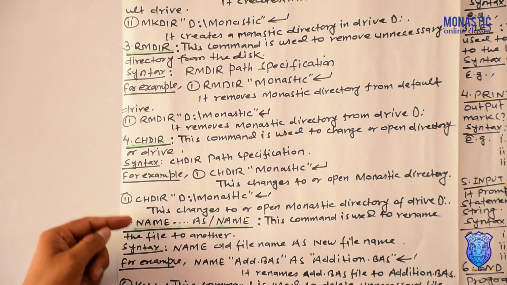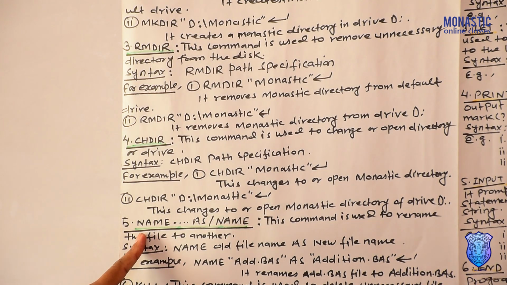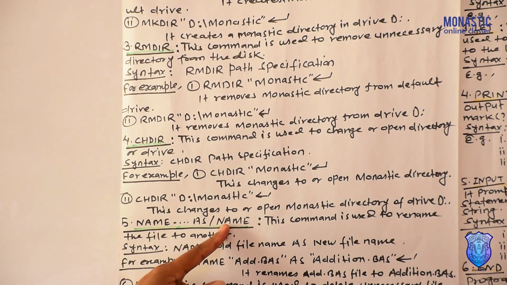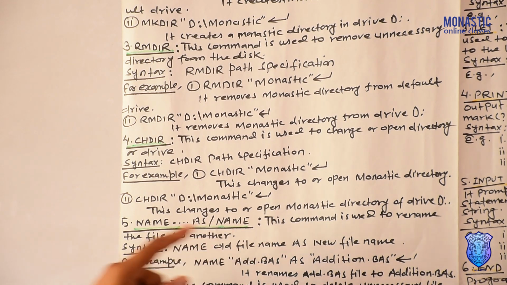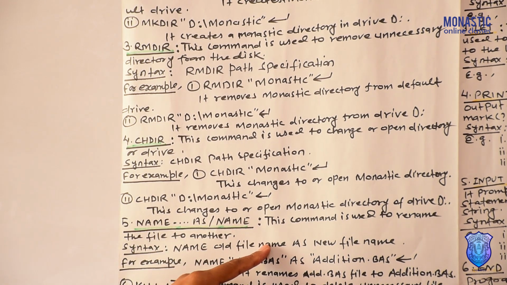Now next one is name. In some books you will get NAME dot AS, in some books simply NAME. And this is very important, many times asked in essay examinations. This command is used to rename a file, that is, to change the name of a file.